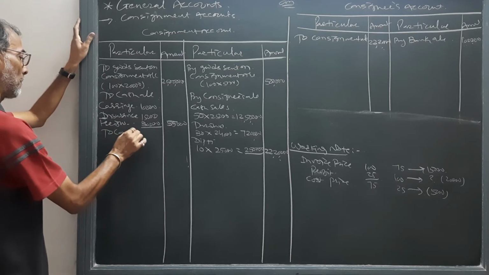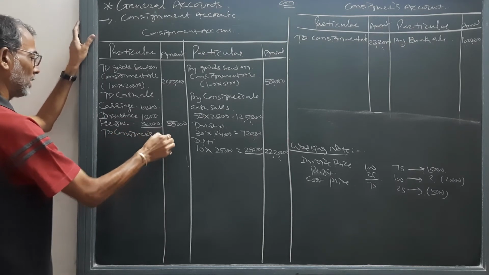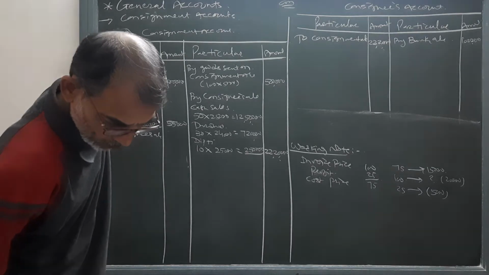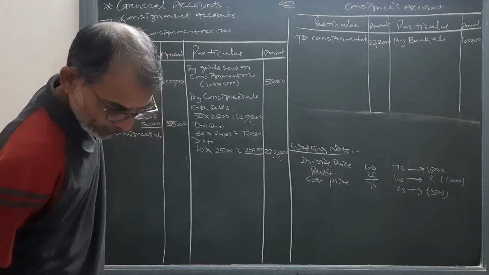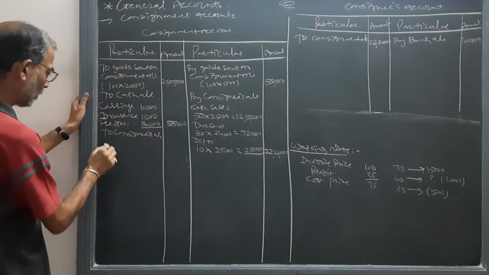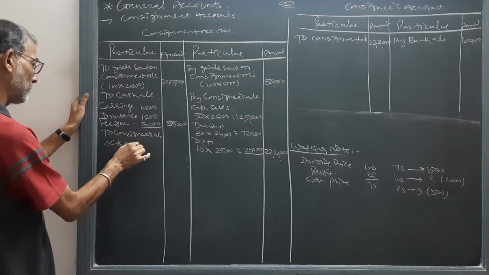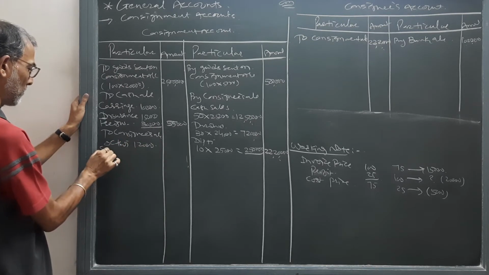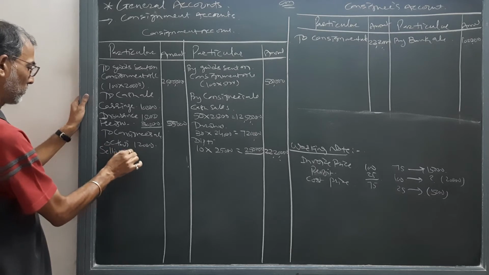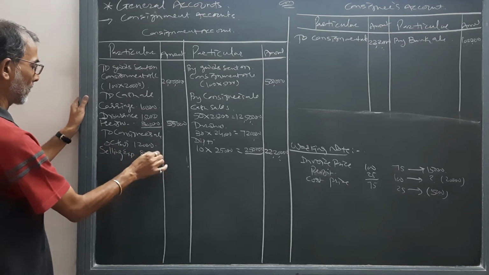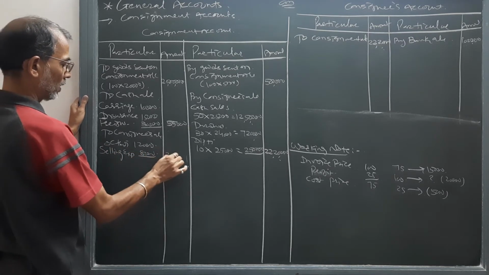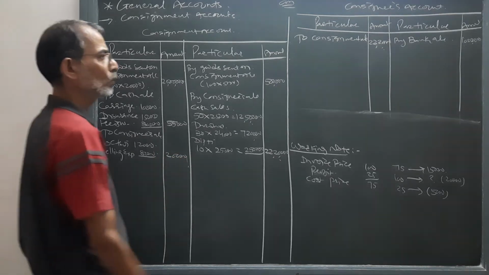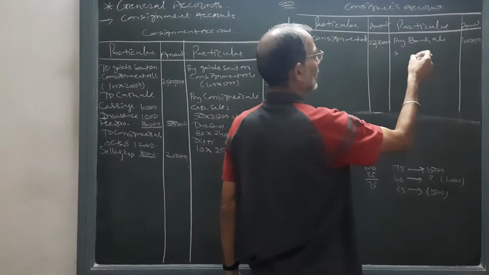to consignee's account, expense were octroi 12,000 and selling 8,000. Total will be, so that will be written on the credit side of the consignee's account.